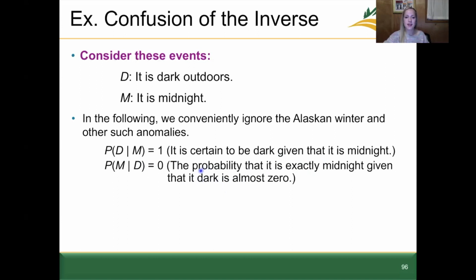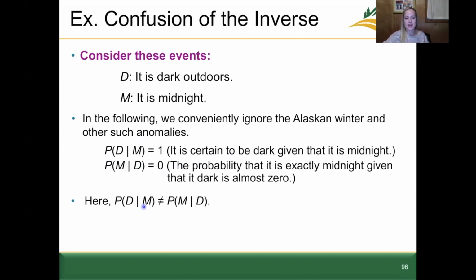Those many other times outweigh the chance that it is exactly midnight when it's dark outside. So this probability is equal to 1, where it's certain to be dark given that it's midnight. But here, this probability is close to 0. So the probability that it's exactly midnight given that it's dark outside.